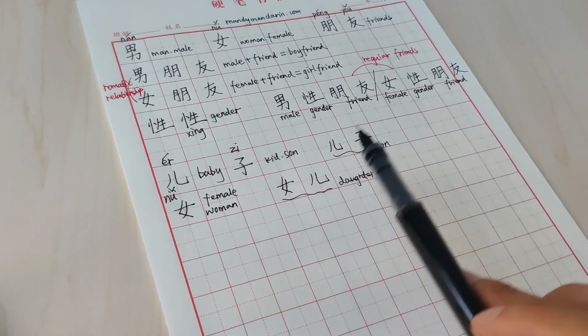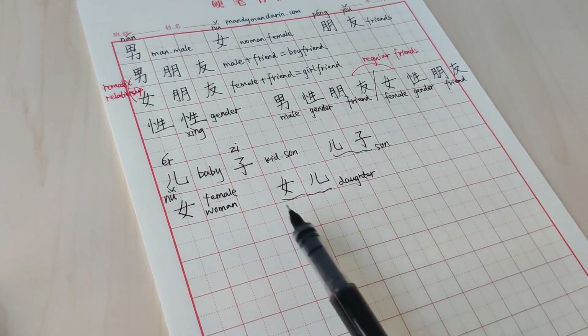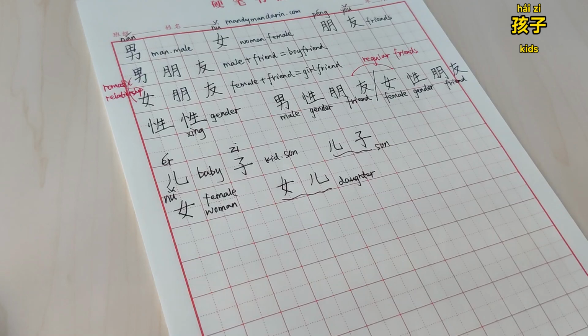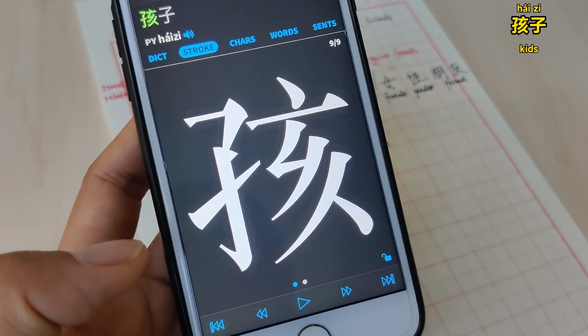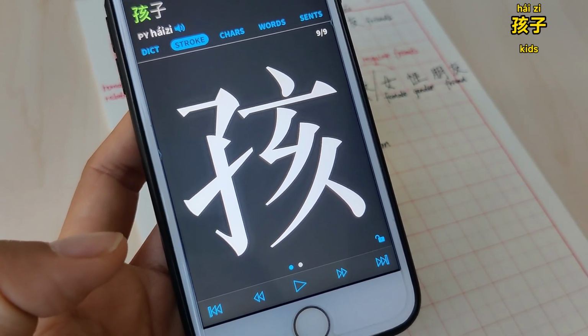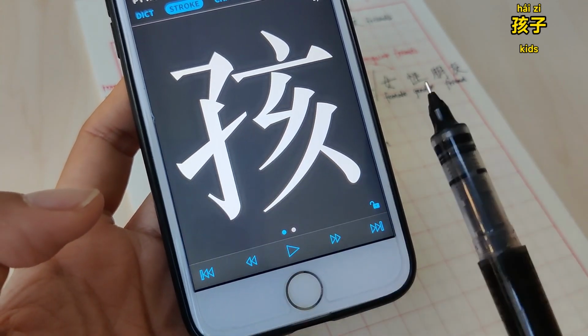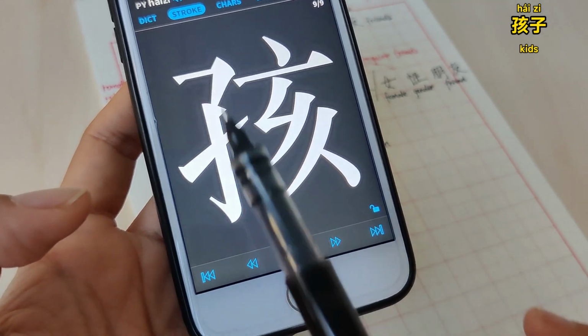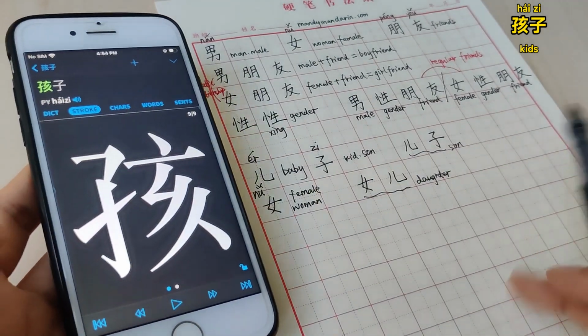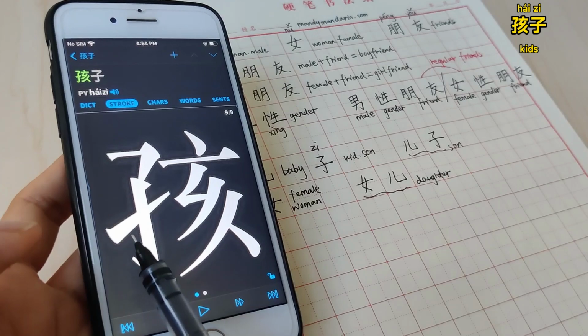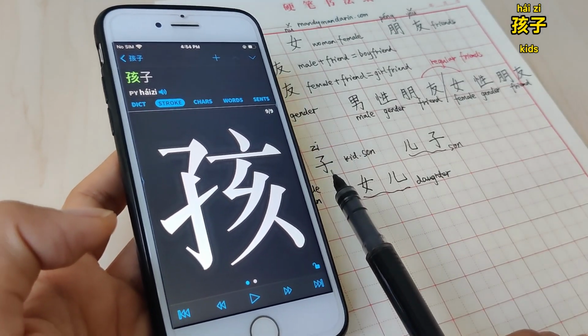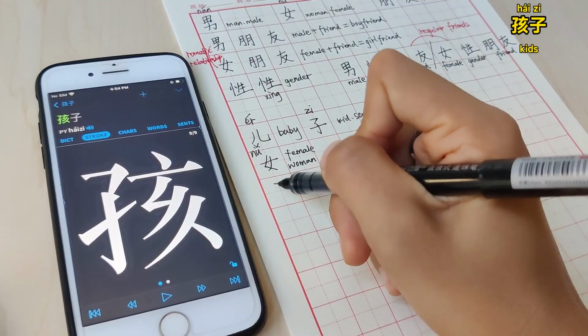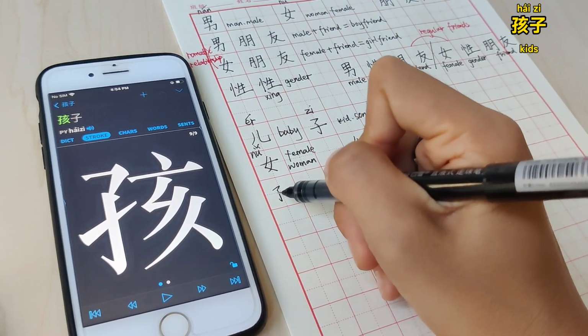女儿, 儿子, together, they are kids, 孩子. And this is how we write the 孩. It's a left-right structure. So on the left, you will see it's quite close to the kids, right? You write 1, 2, 3.